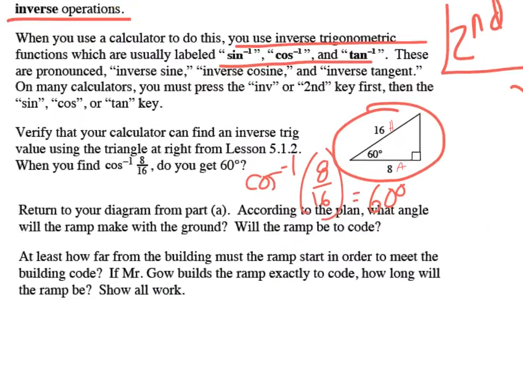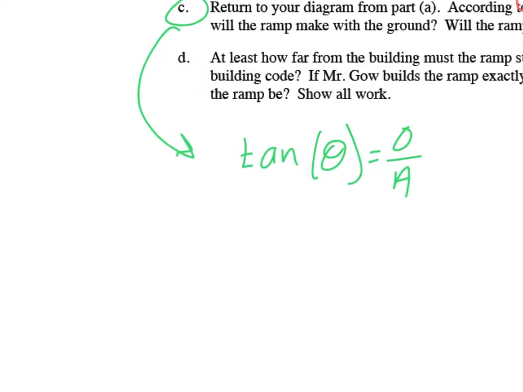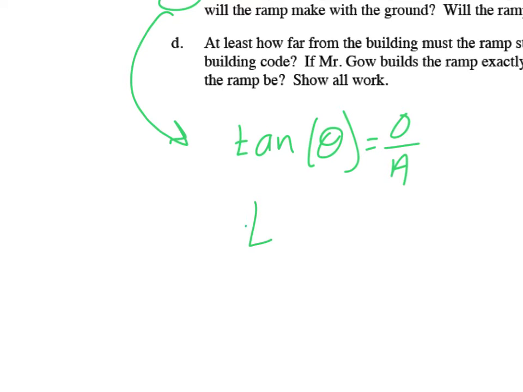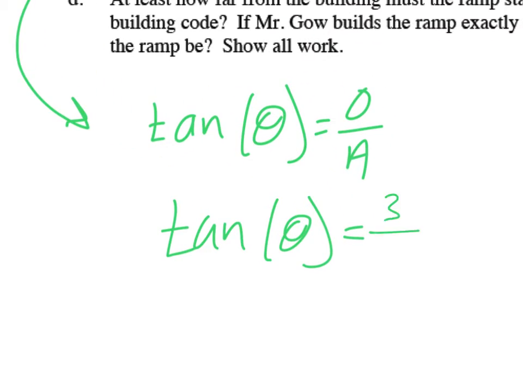So what I'm going to do then for part C down here, in order to determine my work, I know that the tangent of some angle is equal to the opposite leg divided by the adjacent leg. And so in my current diagram, I don't know the angle. However, I do know that the leg opposite that angle was 3 feet and the adjacent side was 25 feet.